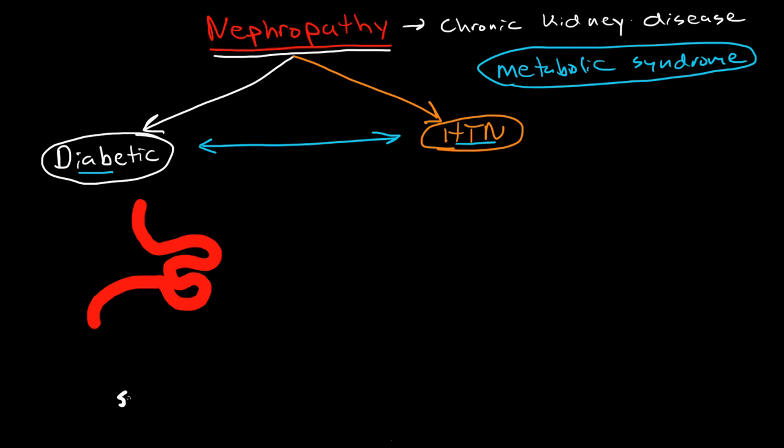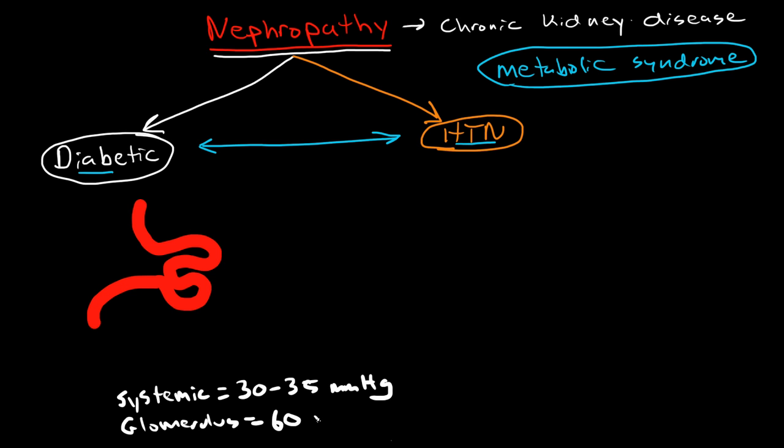Normal systemic capillary pressure is 30 to 35 millimeters of mercury. However, in the glomerulus, these pressures are 60 millimeters of mercury or more.